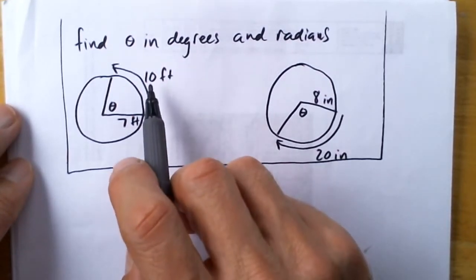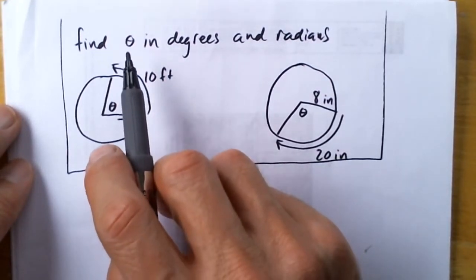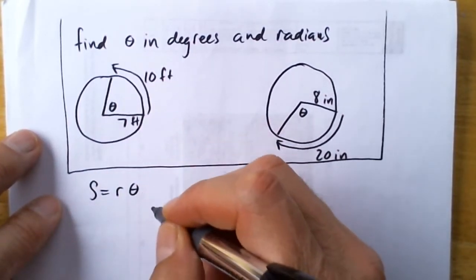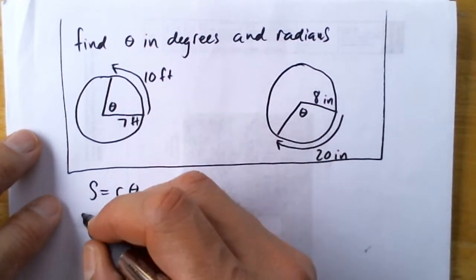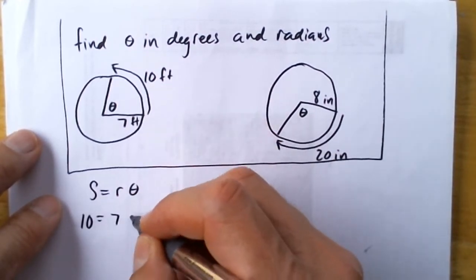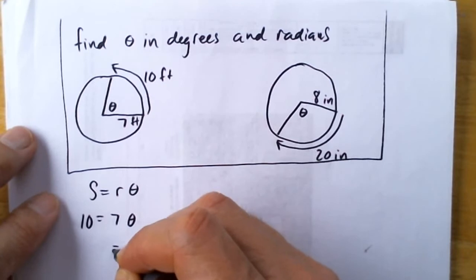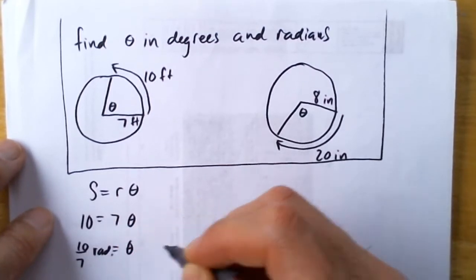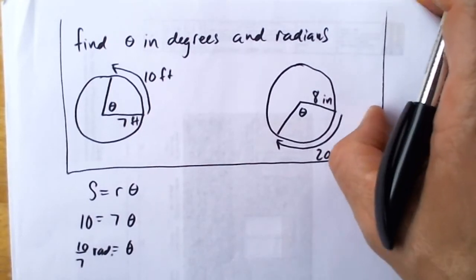So now we know the arc length and the radius, then we'll solve for theta. Arc length is 10, the radius is 7, so we know that theta is 10/7 radians.